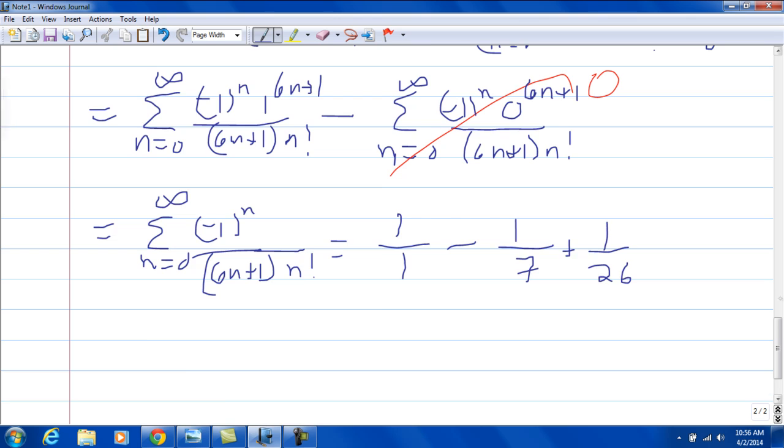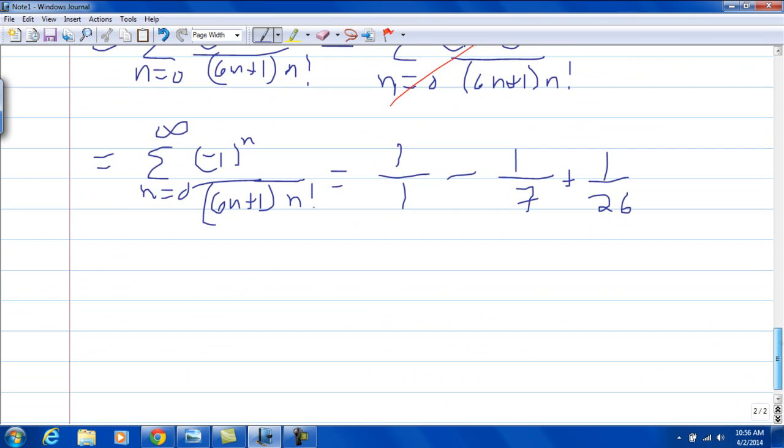And put a 3 in there. Oops, it jumped up on me. Negative 1 to the 3 is negative 1, so minus 1 over 6 times 3, 18 plus 1 is 19. 19 times 3 factorial, 6, so 19 times 6. It's 120 minus 6, 114.